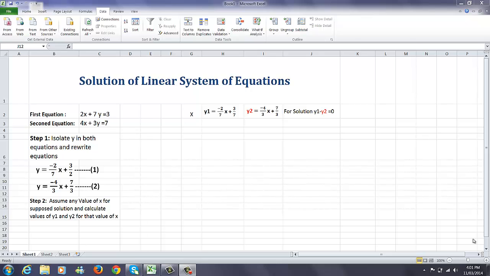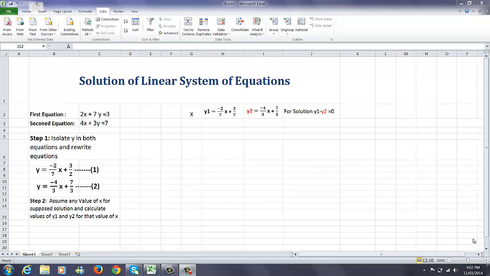Once we complete this procedure, we will get the desired form in which y is isolated on the left hand side and everything else has moved to the right side of the equation. We have labeled those forms as equation 1 and equation 2, which essentially is an equivalent system of linear equations as the given linear system of equations.